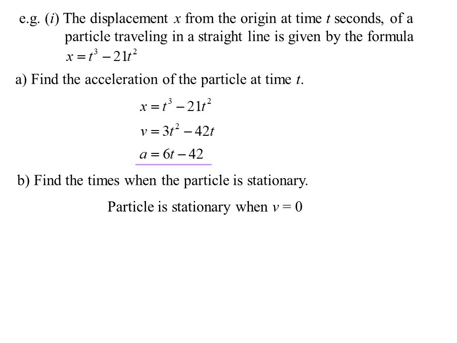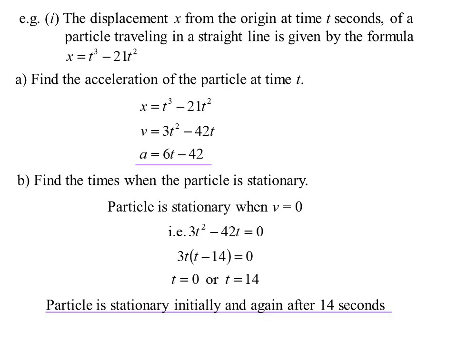Like, why can I make it equal to 0? Well, I know I can make it equal to 0 because I know that the particle is stationary at that time. So 3t squared minus 42t, solving that, I get 2 possibilities. So it happens twice. So initially it's stationary, and then again after 14 seconds it'll be stationary as well.